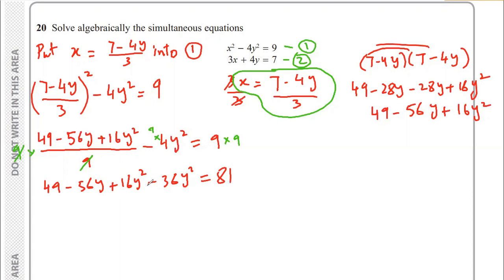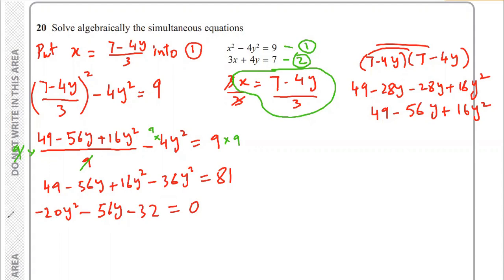Right, so at the moment we can simplify this. First of all, what we can do is 16y squared minus 36y squared will give me minus 20y squared, and minus 56y, and 49 take away 81 will give me minus 32. And all this will be equal to 0.